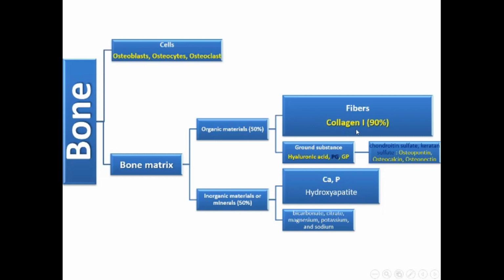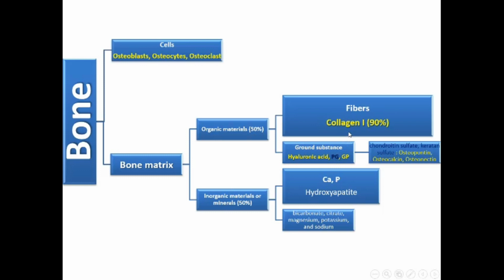The most common and abundant part of the organic portion of the matrix is collagen fiber, especially very thick fiber, collagen type 1. It makes 90% of the bone matrix, of course, the organic material.